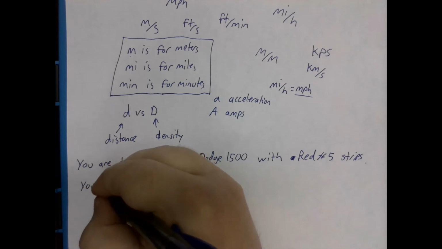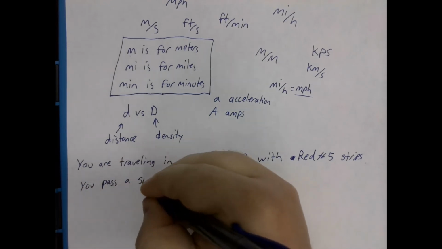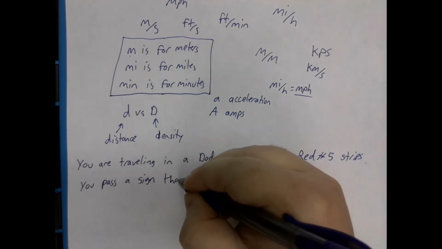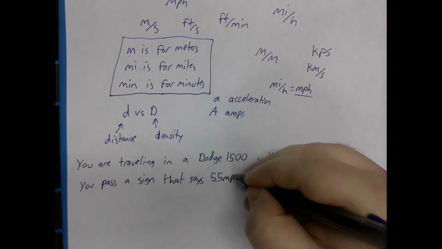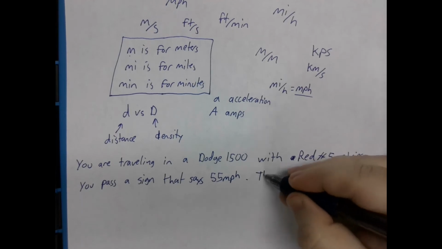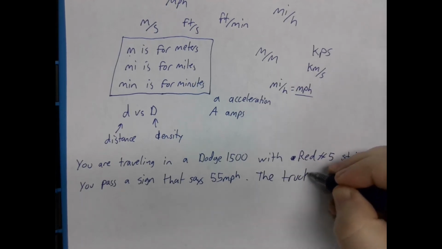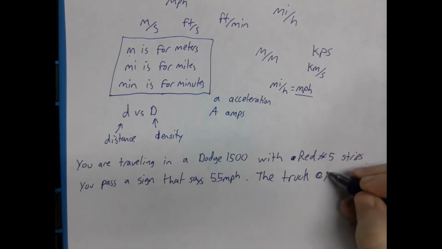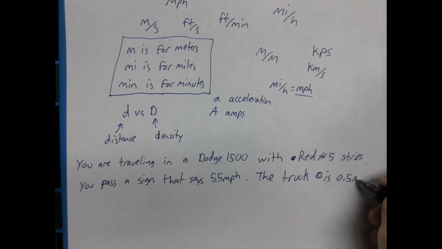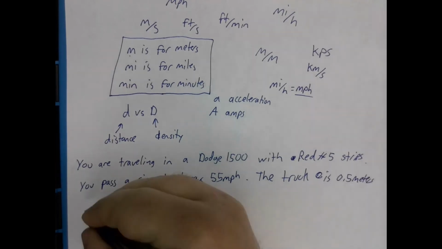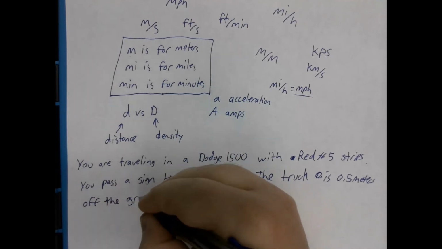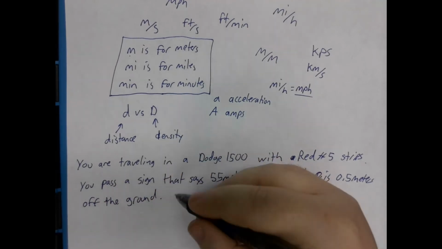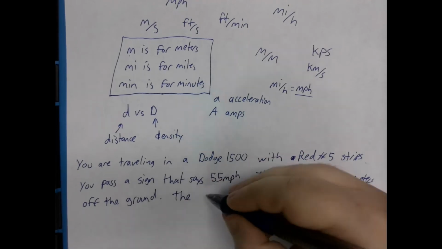You pass a sign that says 55 miles per hour. The truck is 0.5 meters off the ground. The truck has 4 tires.